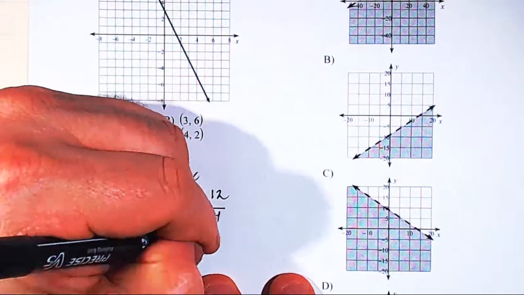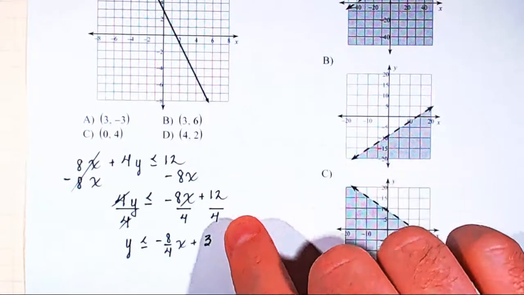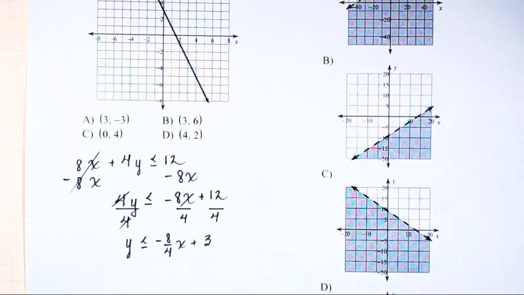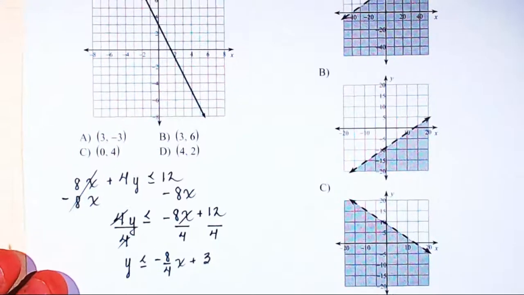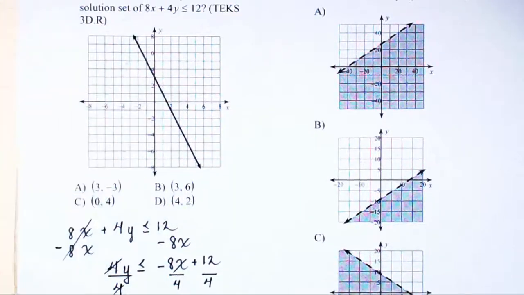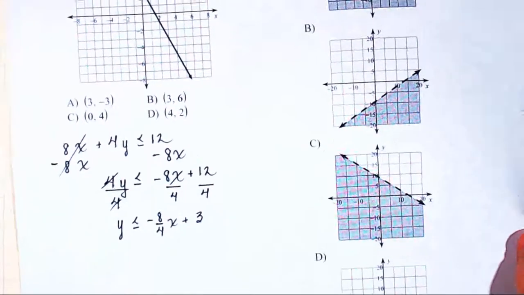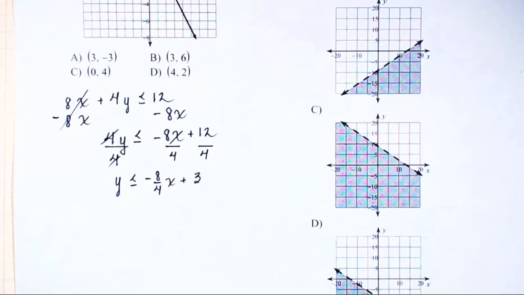Just 3. So what I did was I divided 12 by 4, and that gives me that 3 right there. Okay, so this is the linear inequality expressed right here. The reason we had to solve this is to make sure that we didn't have to flip that sign.